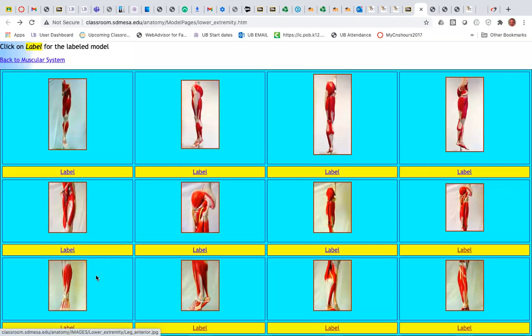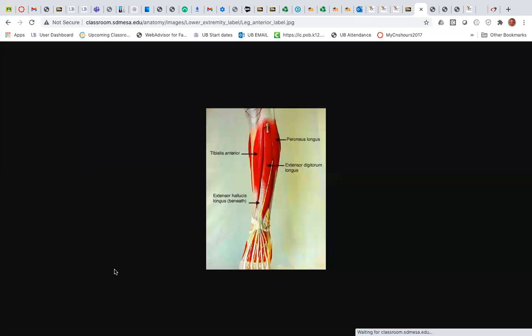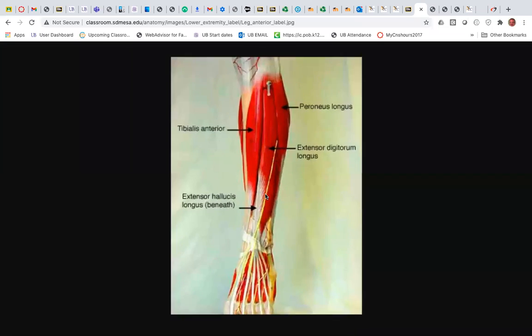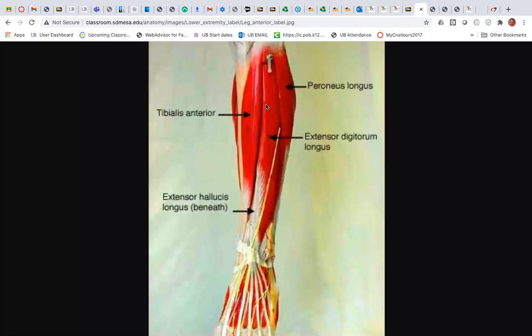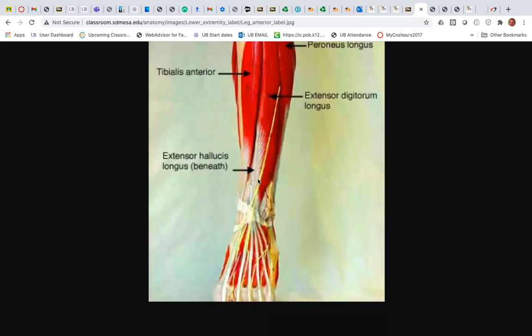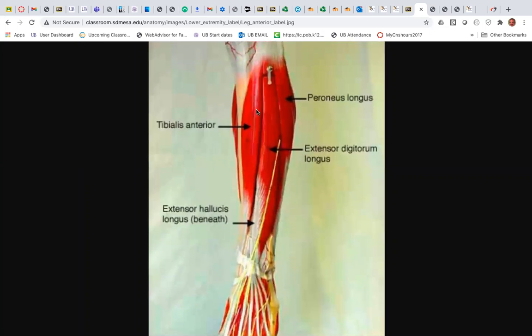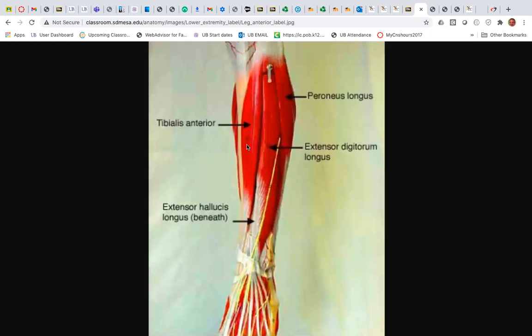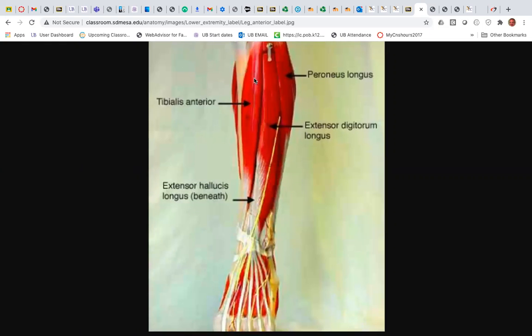Let's look at the lower leg. Okay, so lower leg, anterior side. This is called the dorsum of the foot. It's the top of the foot. The largest muscle and a powerful dorsiflexor is the tibialis anterior. It's very medial on the anterior side.